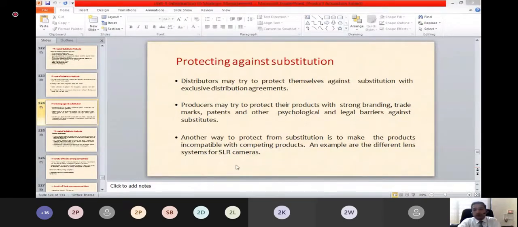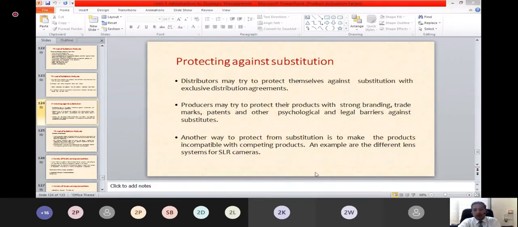Another way to protect from substitution is to make the products compatible with competing products. So if you want to protect your products from substitution, you can have a product which can be made use of with other products.